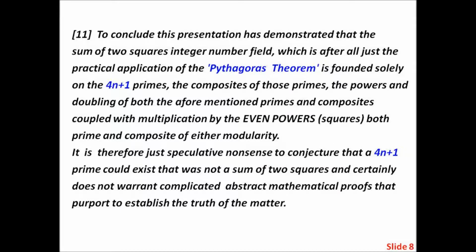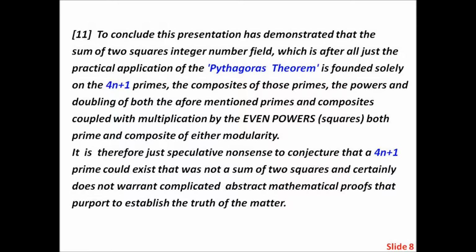11. To conclude, this presentation has demonstrated that the sum of two squares integer number field, which is after all just the practical application of the Pythagoras theorem, is founded solely on the 4n plus 1 primes, the composites of those primes, the powers and doubling of both the aforementioned primes and composites, coupled with multiplication by the even powers, both prime and composite, of either modularity.